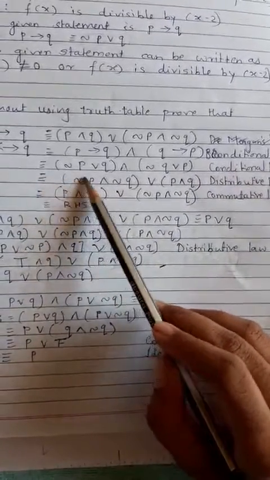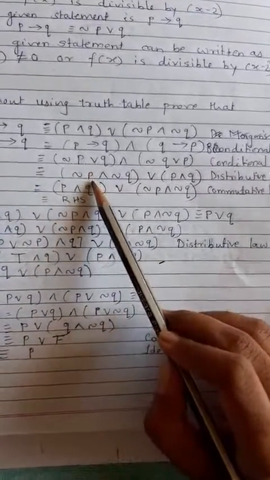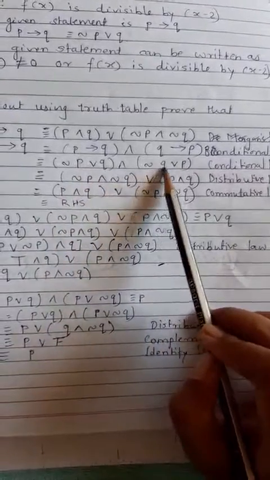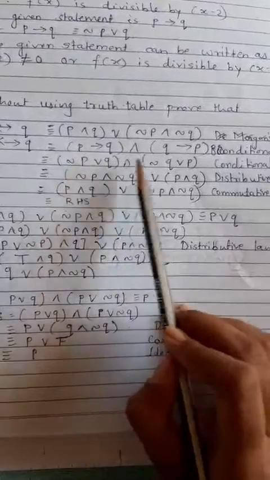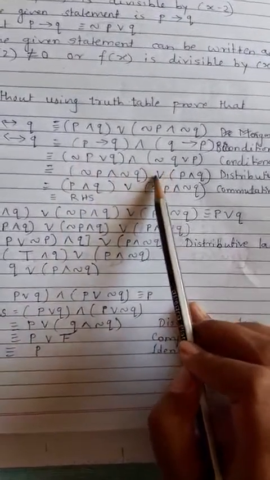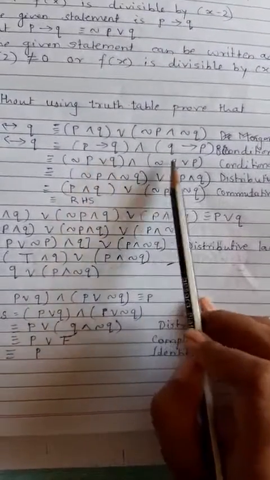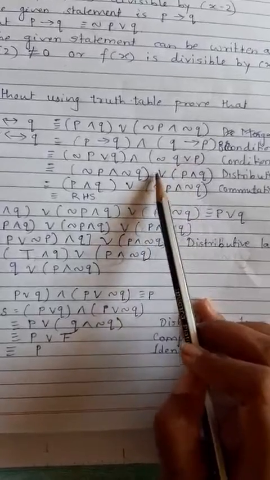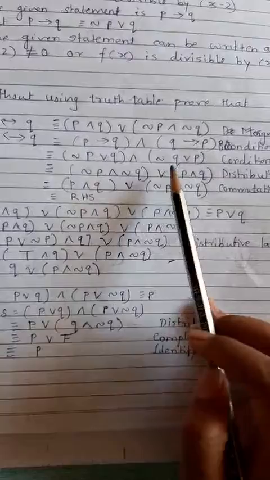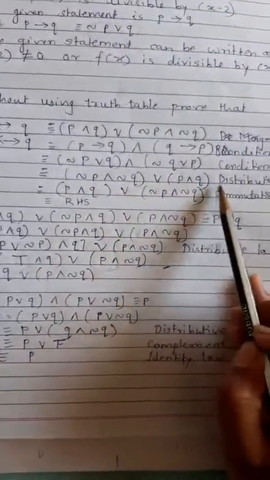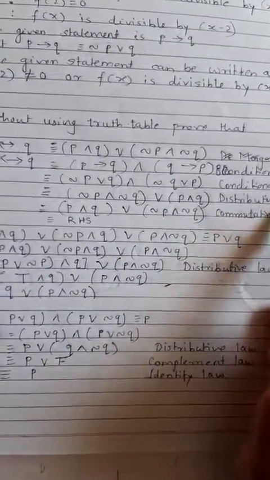This is equivalent to negation P and negation Q. We are combining this to negation P and negation Q. This, or as it is, we will take or as common, and P and Q. Here we are using distributive law.